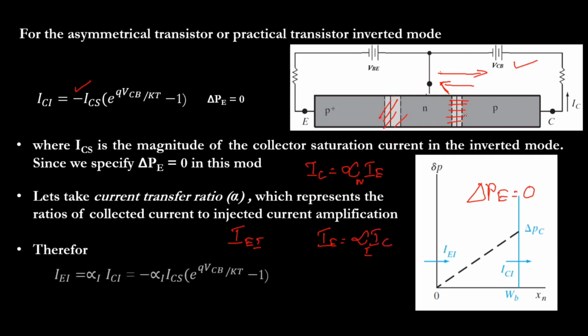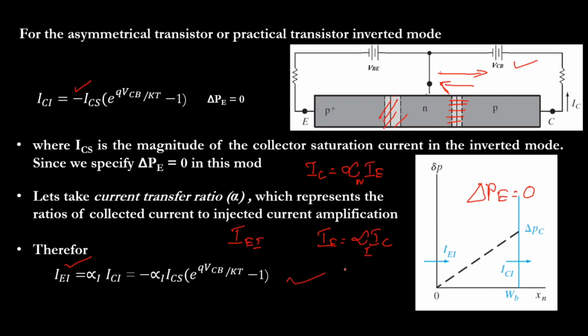So look at this one. IEI is equal to alpha I into ICI, equal to minus, because I should mention this minus over here, minus alpha I into ICS e to the power qVCB by kT minus 1.